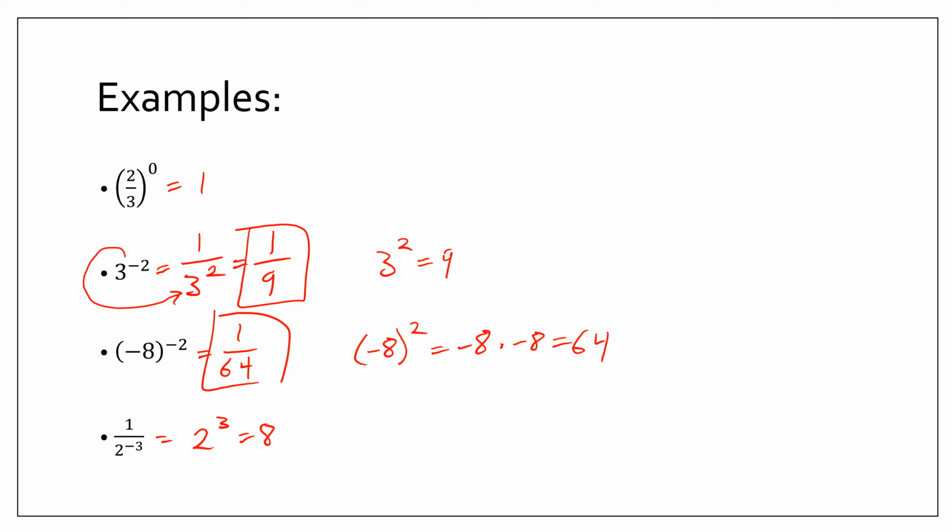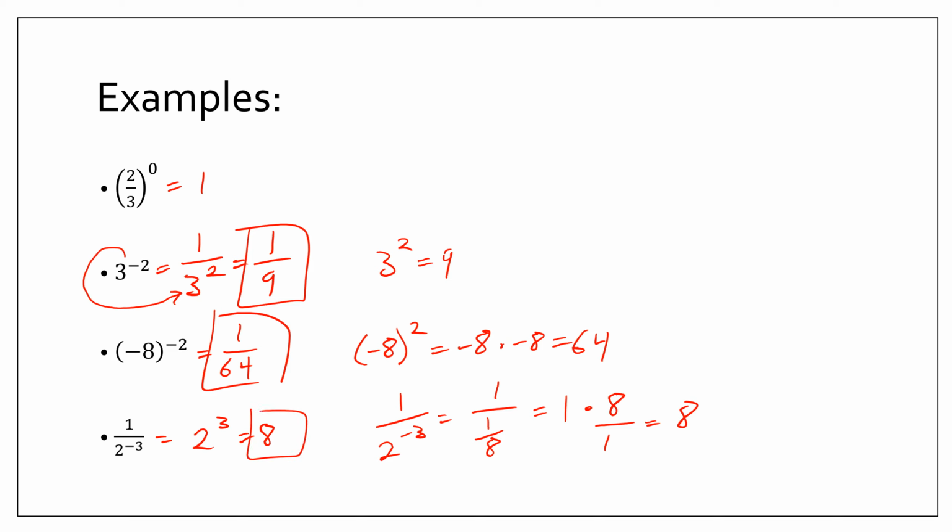A more confusing way of writing this is 1 over 2 to the negative third is 1 over 8, because I know 2 to the negative third is 1 over 8. And this happens to be 1 times 8 over 1 because dividing is the same as multiplying by the reciprocal, right? That's what fraction division is. And hey, this is 8.